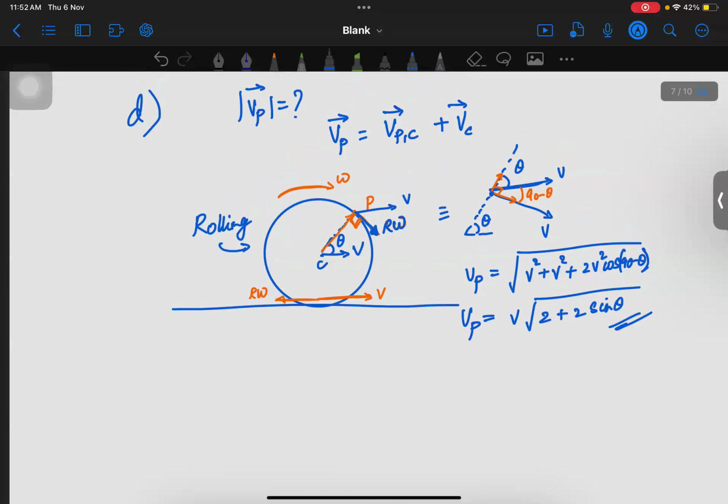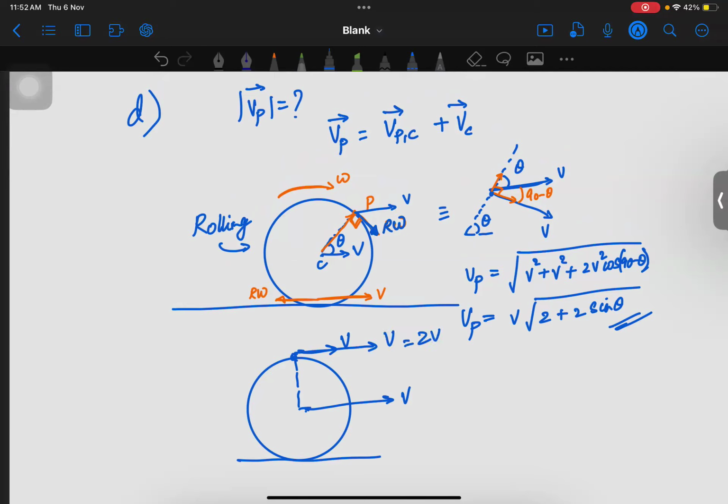We'll also make a few important note points. If the object is in rolling motion, the topmost point over here would have a velocity which is r omega, which is v only, plus another v, which means it is 2v. You can check that by taking the value of theta as 90 degrees.